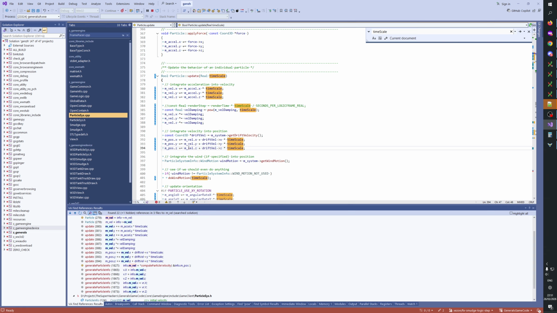Let's think about this position. Velocity. Aha, we are not scaling the velocity here. Is that a problem? Well, damping. Drift well.